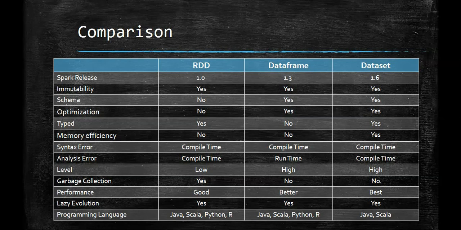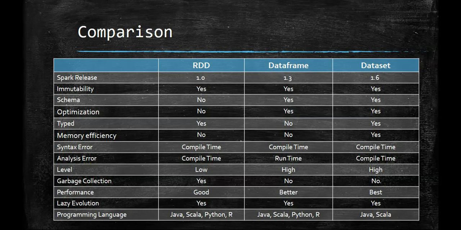Suppose you create a data frame on top of your structured data, and you consider it as a table, and you try to access a column which does not exist in the table. During compile time you won't get those errors, but when you run it, it generates the error, saying that column does not exist. That is a very expensive operation, because you may be running your job on terabytes of data, and it may be a 1 hour long job.